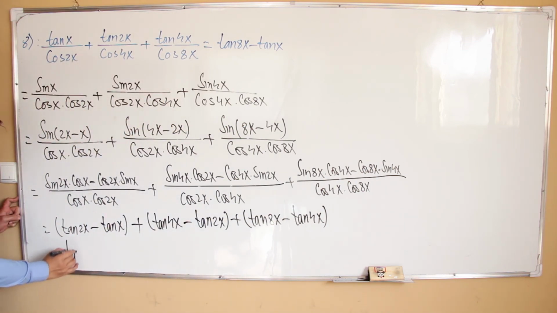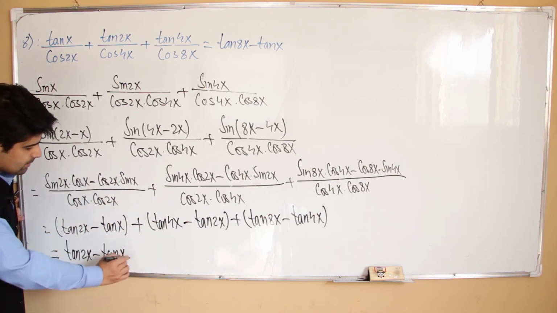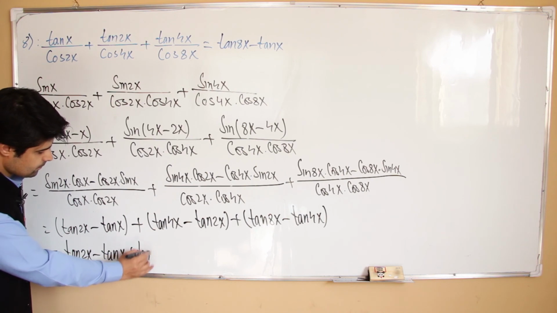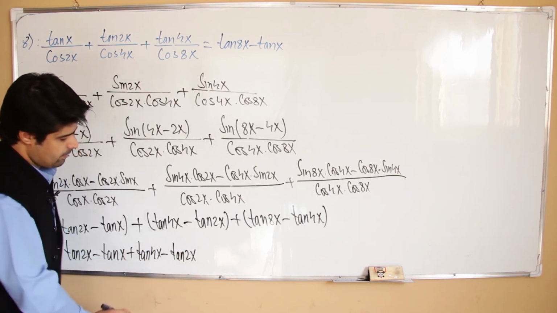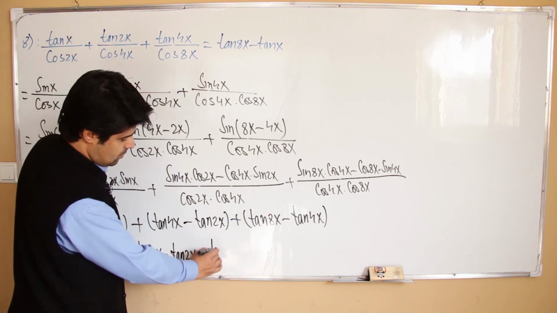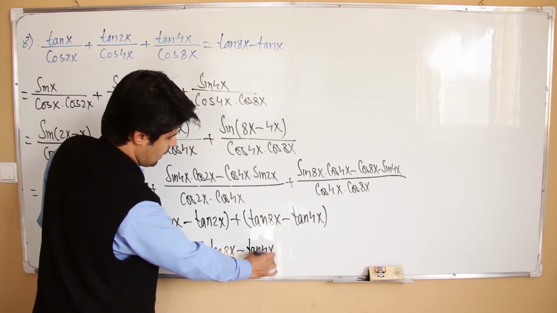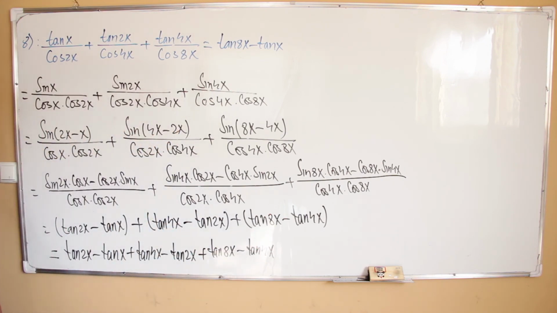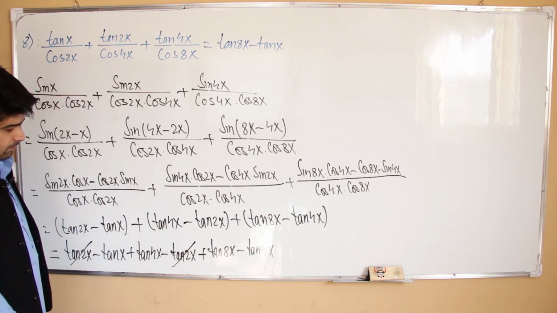We have tangent 2x minus tangent x plus tangent 4x minus tangent 2x. Am I right? Yes. Plus tangent 8x minus tangent 4x.